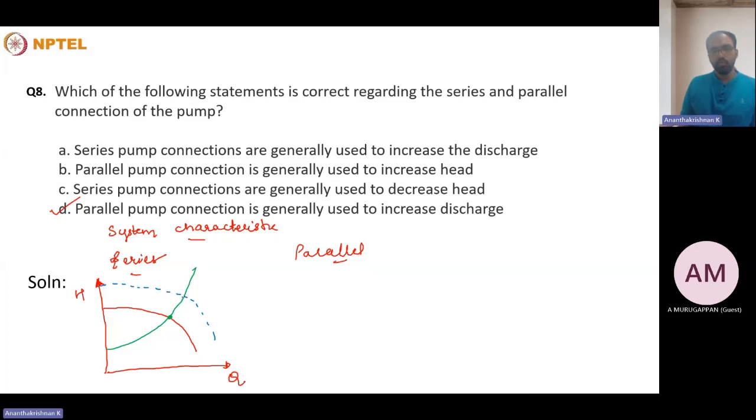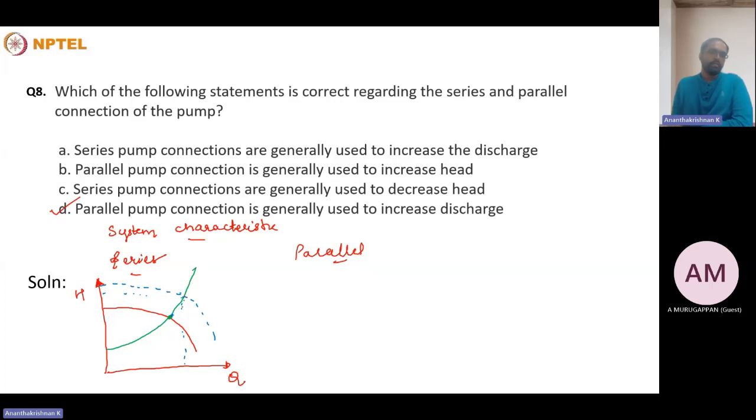So for a small increase in the Q, there can be a sufficient increase in the head. So this Q we assume to be almost constant. The increase is marginal, but correspondingly the head increases by a significantly high amount.